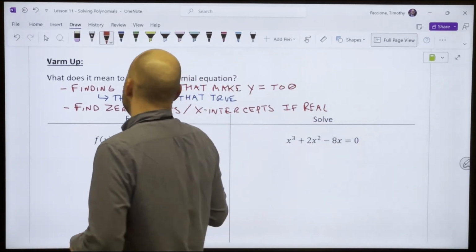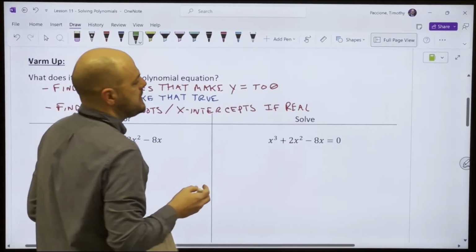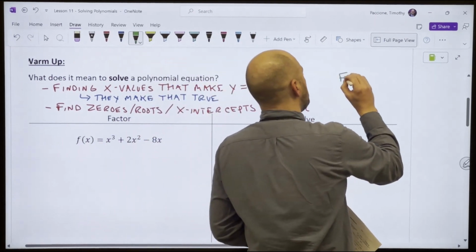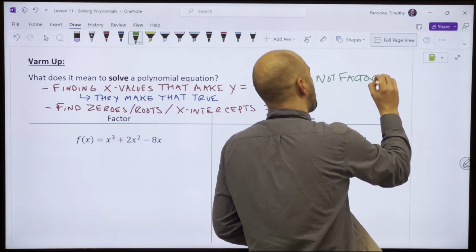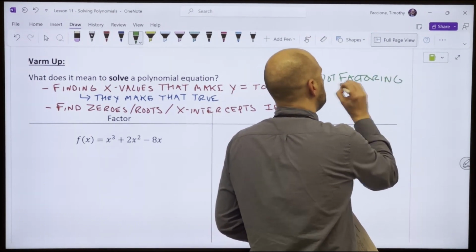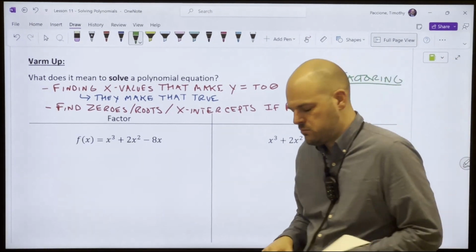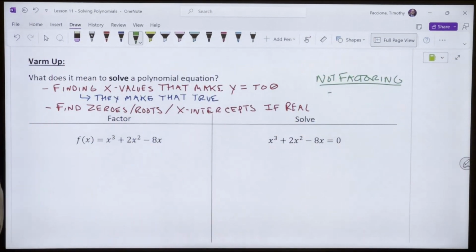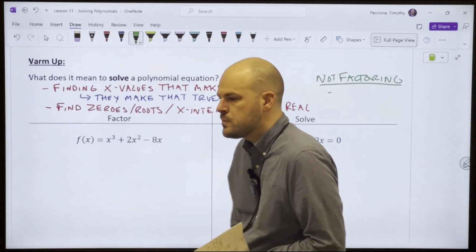All right? Okay, so how is this not factoring? Because that's a key area of confusion. Not factoring, right? What's the difference? Anybody know the difference between factoring and solving? What do we say factoring is? Factoring is making an equation as simple as it can become.